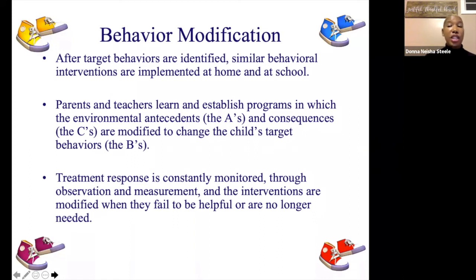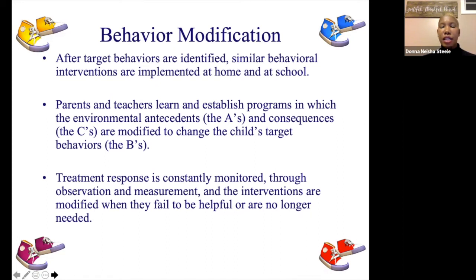The consequences is how we react to the behavior, and we can possibly eliminate those things that cause the behavior. But what we cannot control is the behavior. So we have to get a hold on the antecedents, what caused the behavior, and we have to get a hold on how we react to the behavior. Those we can control, and that in some way will change the behavior of the student.